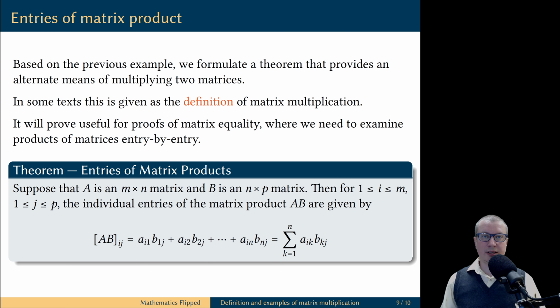If A is an M by N matrix and B is an N by P matrix, then the entry in position ij of the product matrix can be computed as follows. We take all entries from the row i of matrix A, we take all entries from the column j of the matrix B, and then we take the dot product of these two.